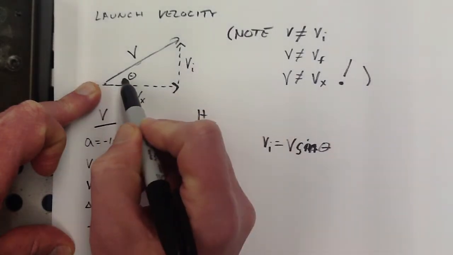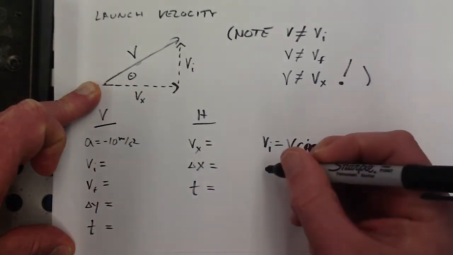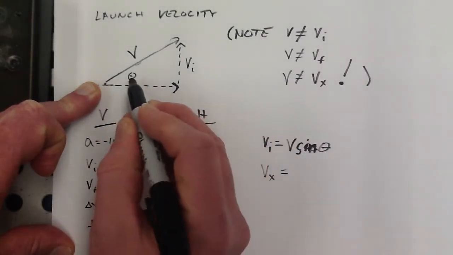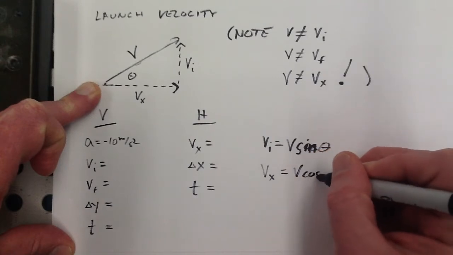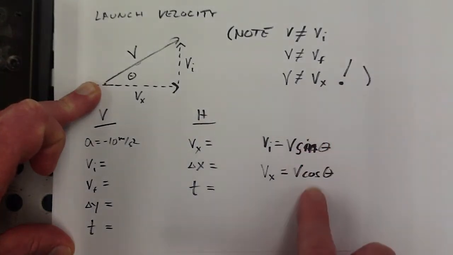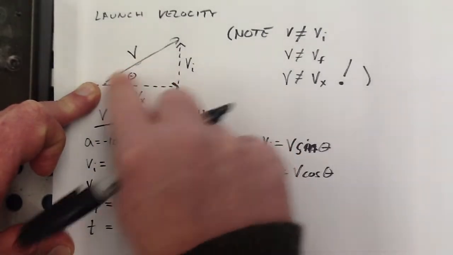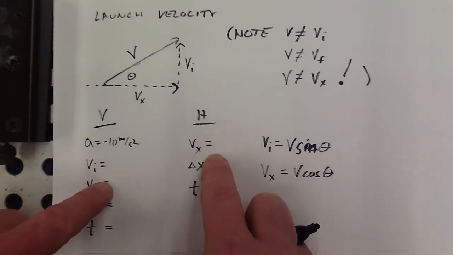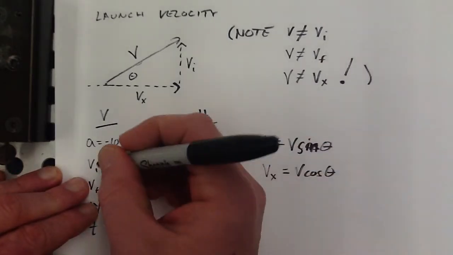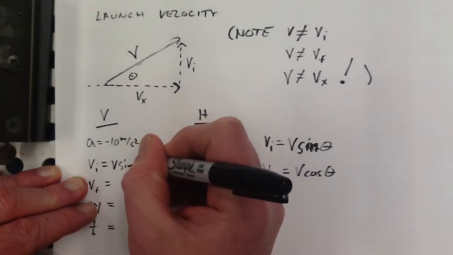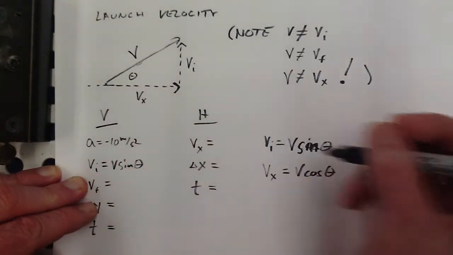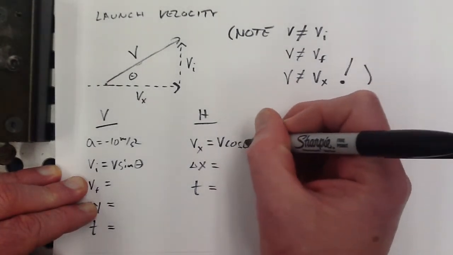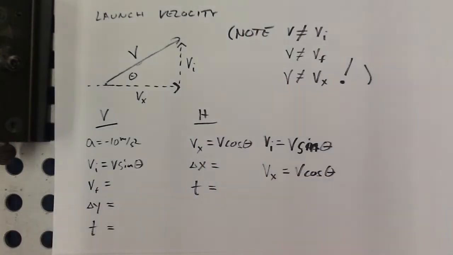VI opposite that angle is going to be V sine theta, and Vx, this right here, is adjacent to that angle, so that's going to be V cosine theta. You're typically going to know this number and find those two things, and those are the things that go into these places right here and here. So VI is equal to V sine theta, and Vx is equal to V cosine theta. And then you do math.